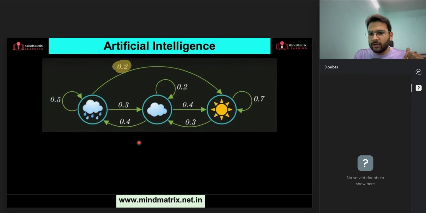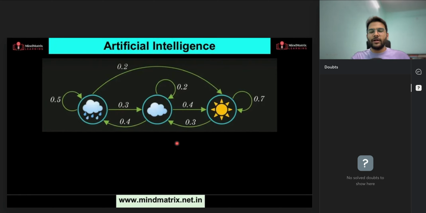In cloudy, it's 0.3 instead of 0.2. 0.6, it's correct now. 0.2 plus 0.4 plus 0.4, that is 1. Fine. Okay.